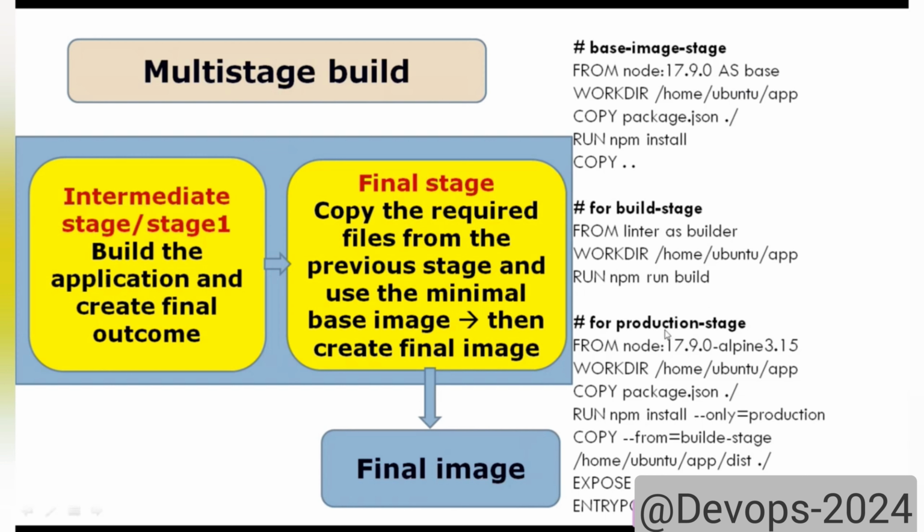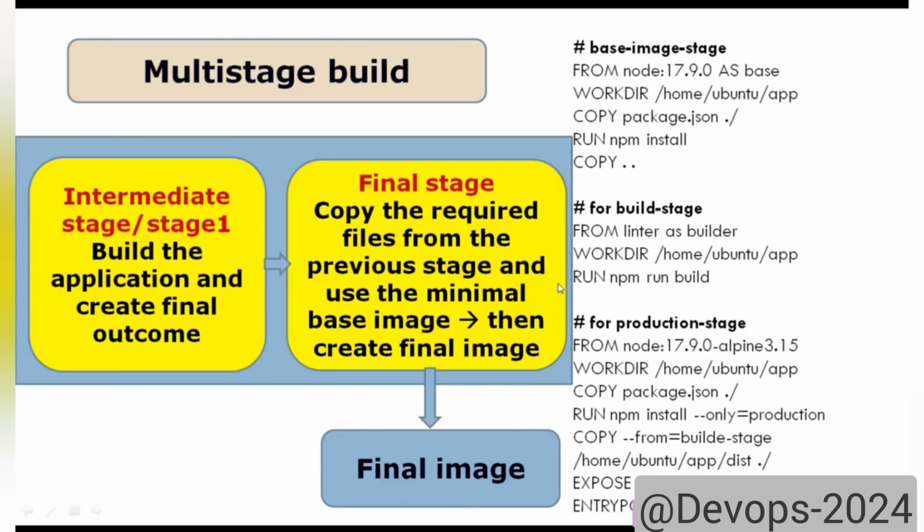And the third one is the final image, which we can use for production. Here you can see, using the COPY instruction, I have given from the build stage. So we can copy from the build stage, create the final image, and deploy that. That is the benefit of this multi-stage Dockerfile.